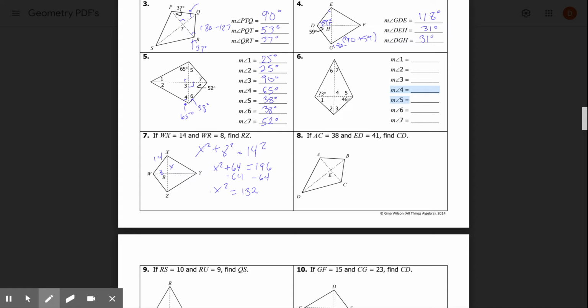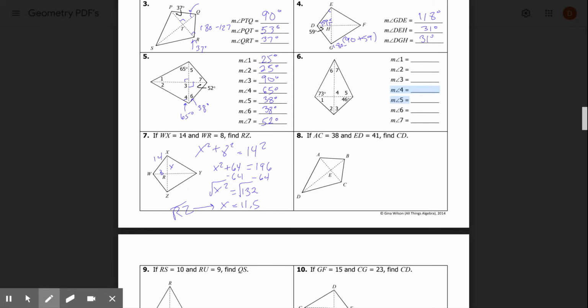Then you have to take the square root of both sides, and we end up with x is approximately 11.5. So that means that if this length XR is 11.5, then RZ is also 11.5. So RZ is 11.5.